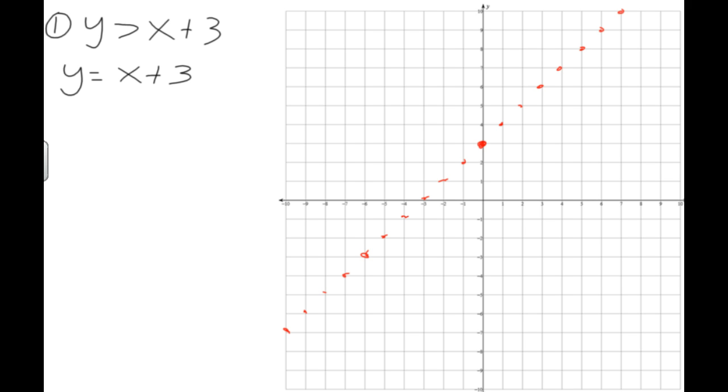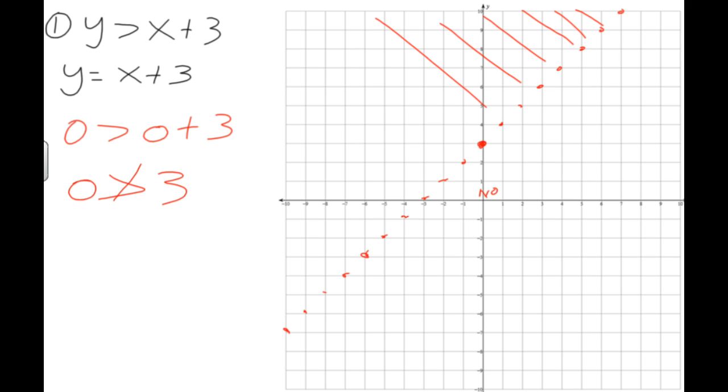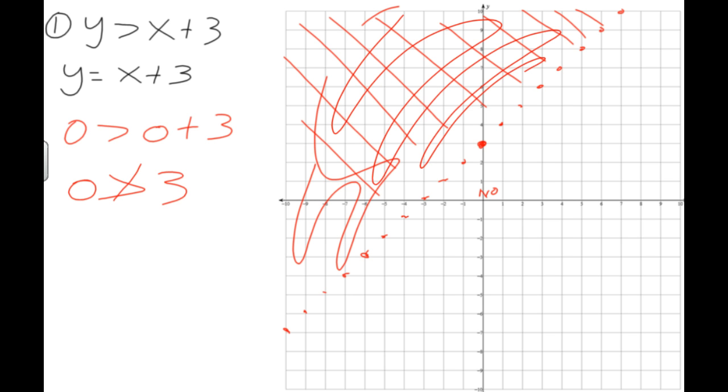Checking the point 0, 0. 0 is greater than 0 plus 3. 0 is not greater than 3, so I do not graph here. That means I do graph here. So there is my graph on that side.